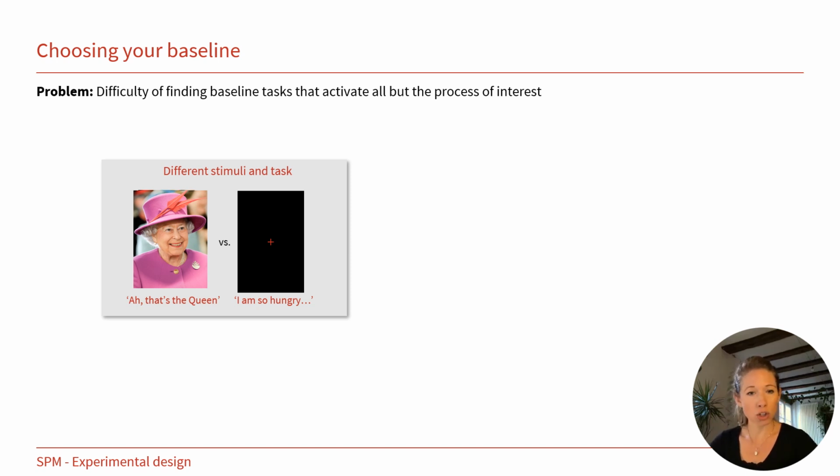So you could show your subjects a simple crosshair. Would this be a good control condition? Certainly not. While you will certainly have functional activation in brain regions related to face recognition, you will also end up with a lot of brain activation in different brain areas related to the processing of basic visual perception, but also related to mind wandering, since rest is never truly rest.